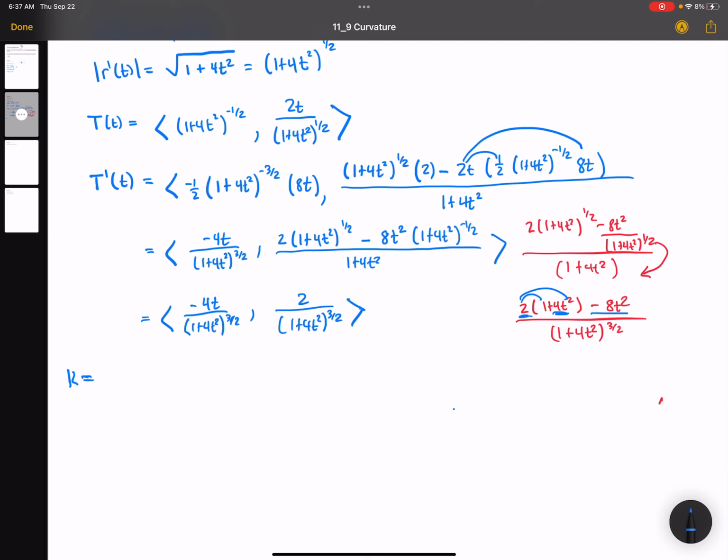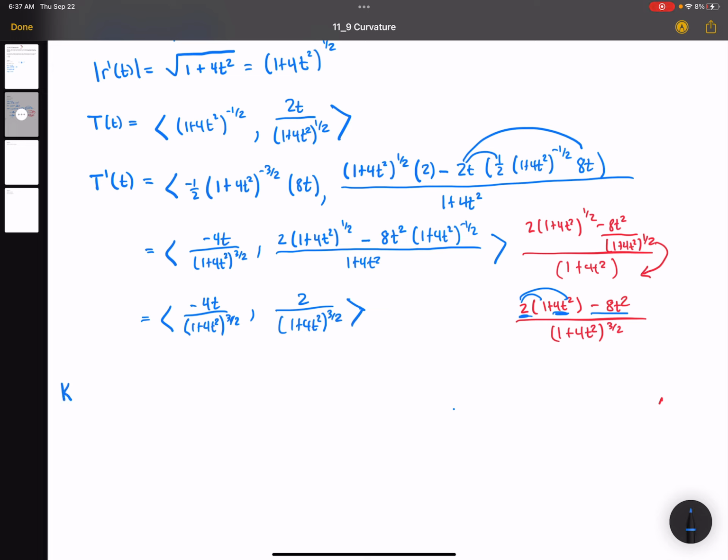So our curvature is the square root of negative 4t divided by 1 plus 4t squared. I can write this larger. Goodness. All right, start over.